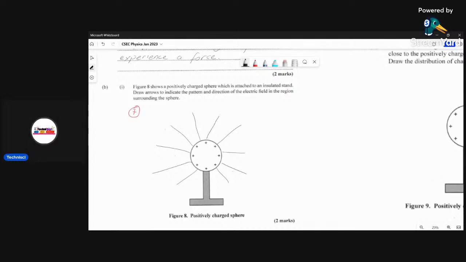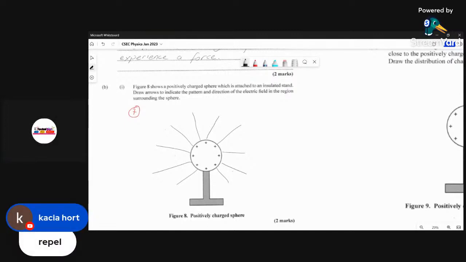Now we know the principle. Like charges do what? What do like charges do? Like charges repel. Good. Like charges repel. And opposite charges.